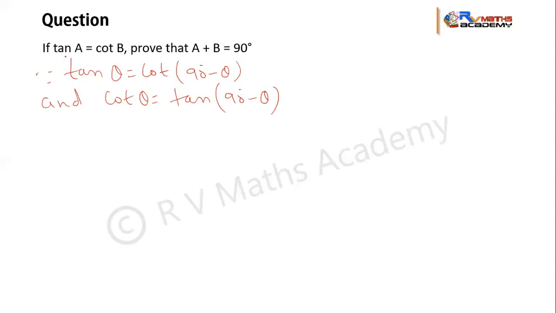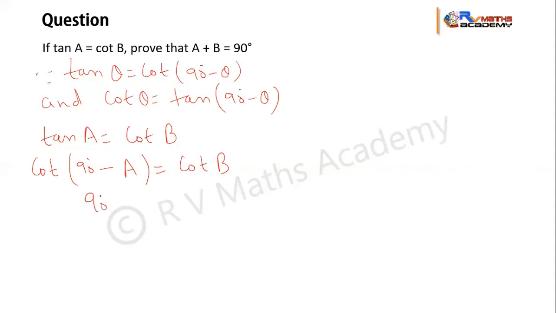So this is our question, tan A is equal to cot B. If I'm changing the left hand side, I can write it as cot 90 degree minus, in place of theta, I have to write A. So this is 90 degree minus A is equal to cot B. Now we are getting the same trigonometric ratio on both the sides.